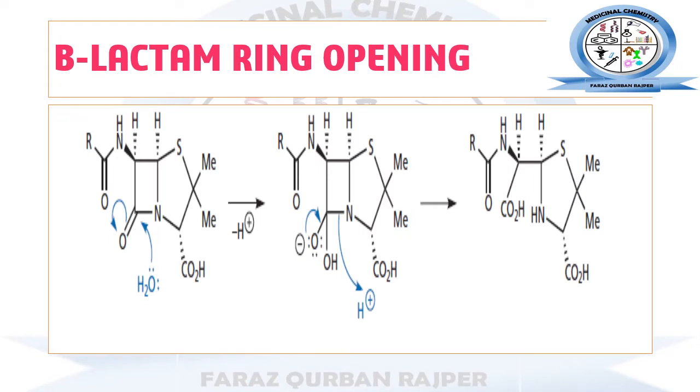This diagram shows the ring opening mechanism of the beta-lactam ring under acidic conditions. This is the general structure of penicillin G. You may observe that this is the side chain. Let's suppose the benzyl moiety is present here. In acidic media or in the presence of water, water will target the beta-lactam carbonyl carbon at this position, and this will change the ring structure.